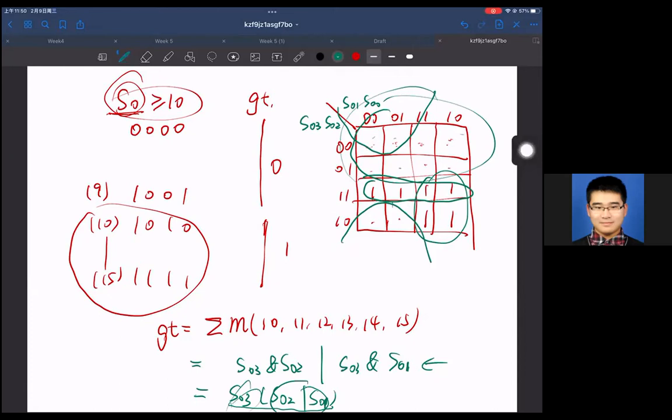Does it make sense, actually? Oh, no, that's maxterm, so I have to invert it. No problem. Okay, so finally, let's take this one.